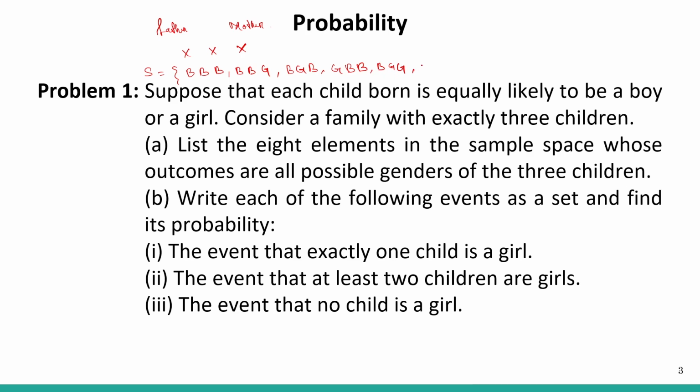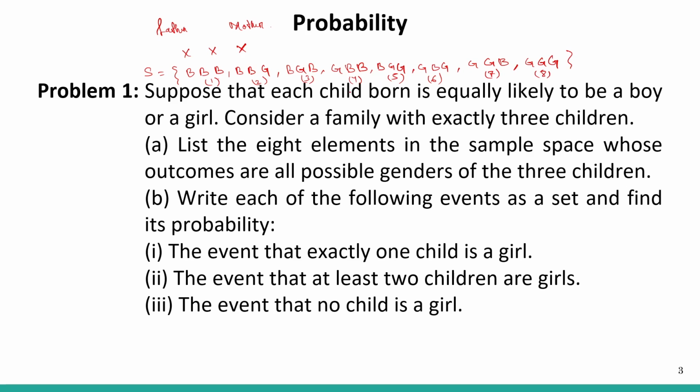Then we can have a girl, then a boy, then a girl. We can also have a girl, girl, and boy, and we can also have a girl, girl, and girl. I guess these are the only options. So this is the first option, second, third, fourth, fifth, sixth, seventh, and eighth.